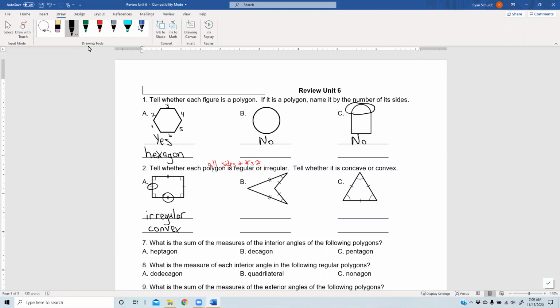Now for B, well, right off the bat, I can see angles don't match. Those are not the same kind of angle. So this is definitely irregular.